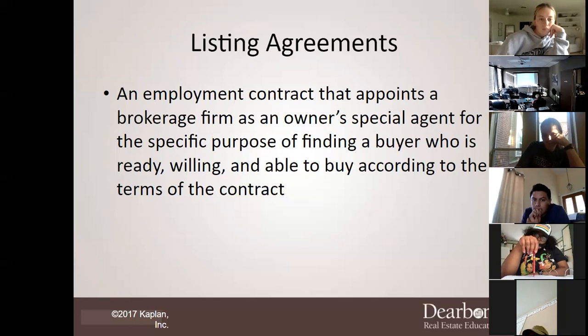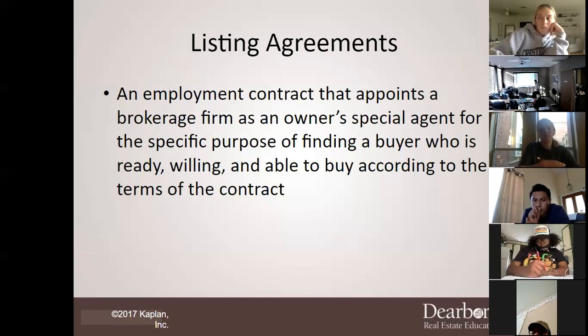And that's going to be between the broker and the seller. Just remember, ready, willing, and able. If I bring a ready, willing, and able buyer to a seller, I've done my job. That's what you do when you're doing a buyer's.